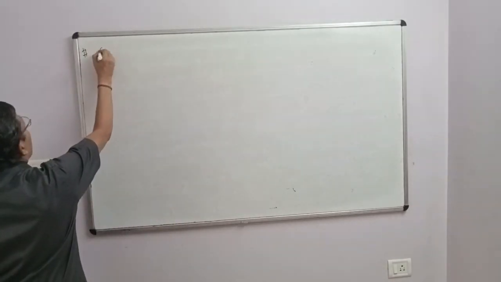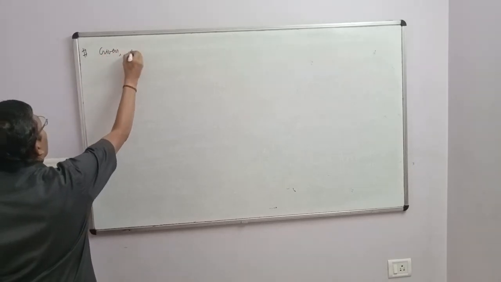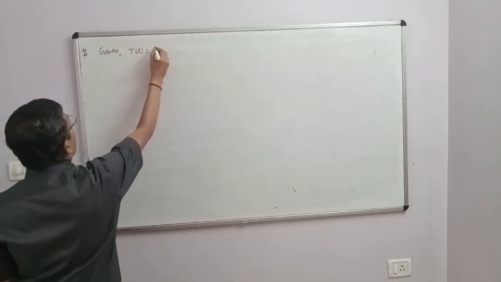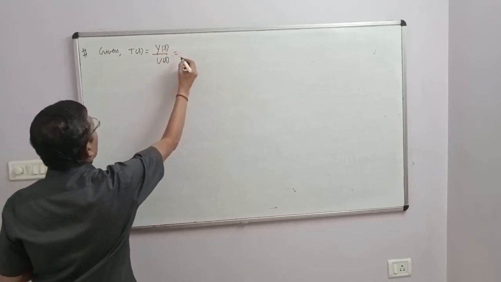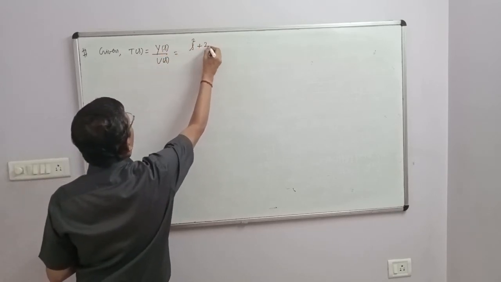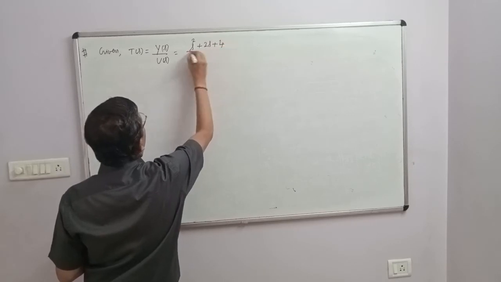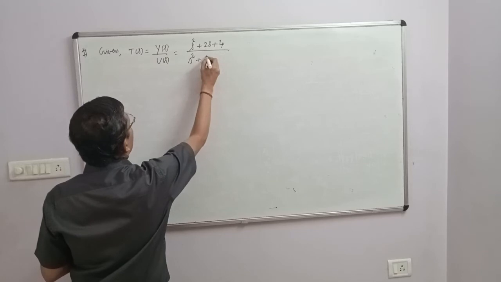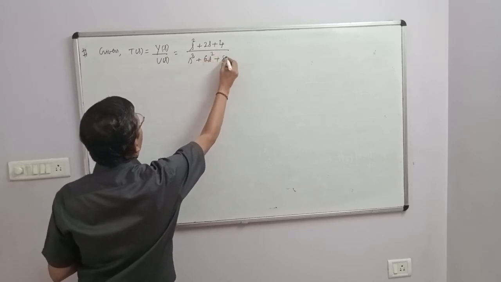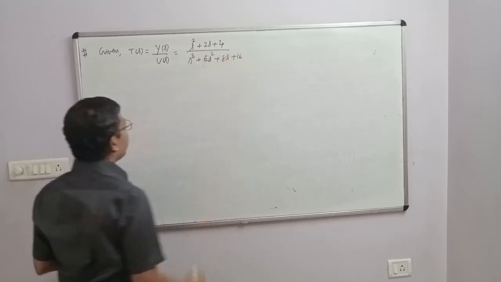Next problem, given T of s is equal to y of s divided by u of s is equal to s square plus 2s plus 4 divided by s cube plus 6s square plus 8s plus 16.